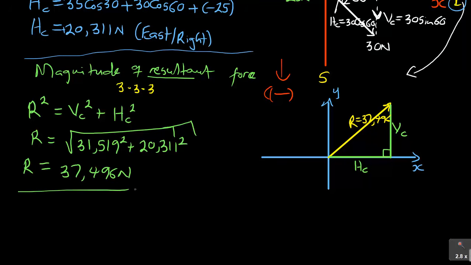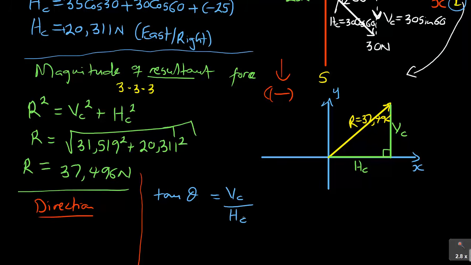For you to find the direction, you have to use tan, which is tan theta is vertical component over horizontal component, such that theta is equal to arctan vertical component over horizontal component.